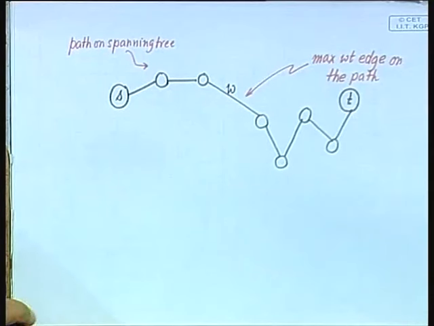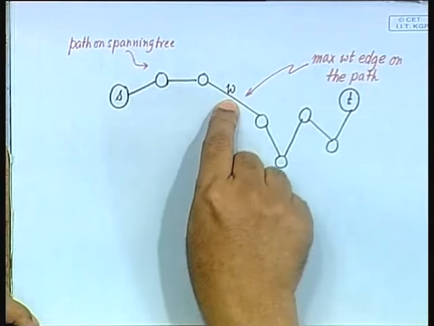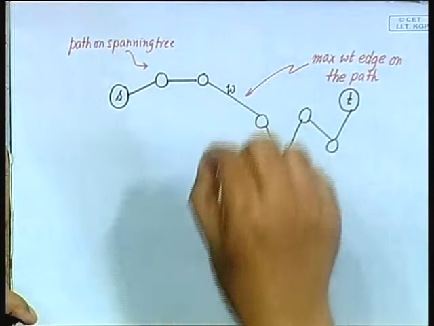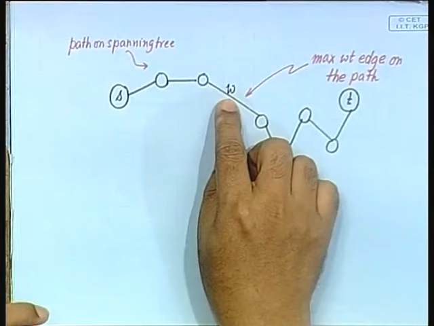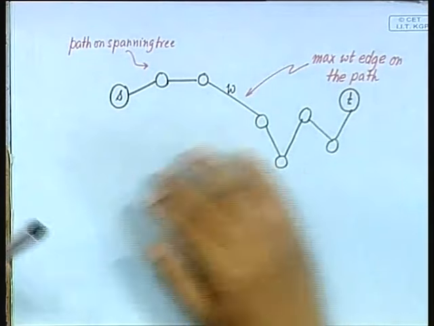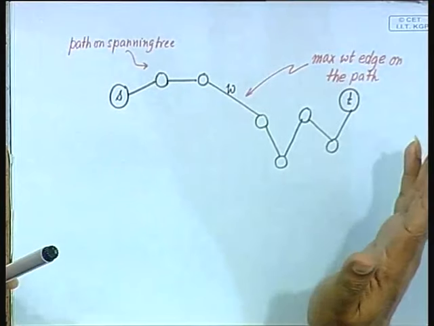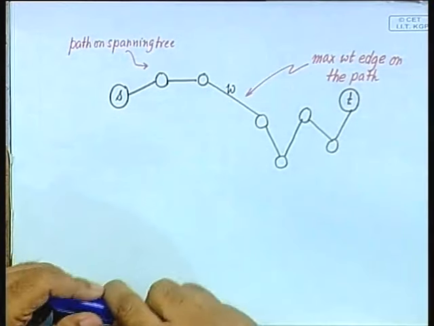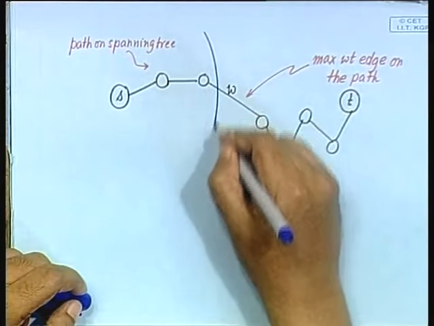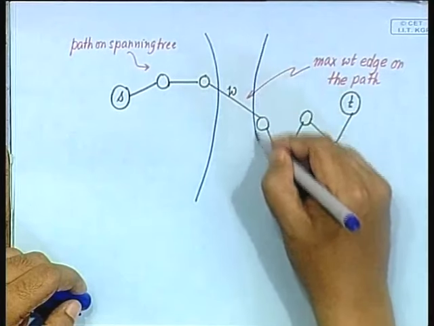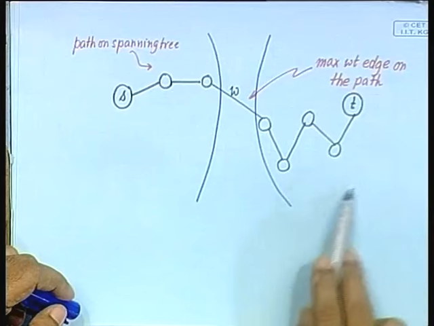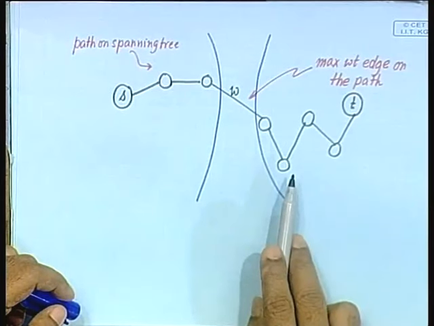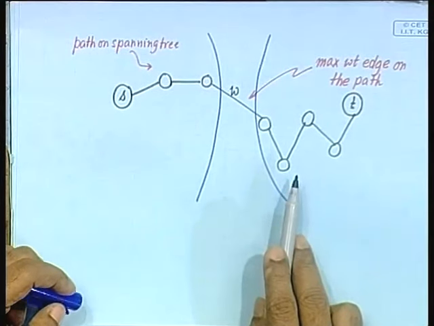Now, what is going to happen if I remove this edge from the tree? No, no, no. The tree will become partitioned into two sets, two trees, right. So, this side will be one tree, this side will be one tree. So, I have some vertices on this side, some vertices on this side, right. Okay.